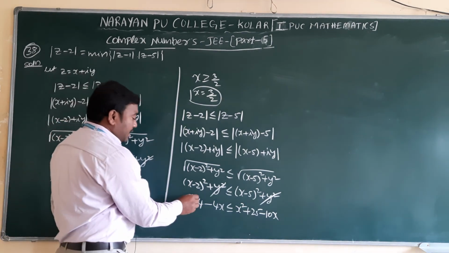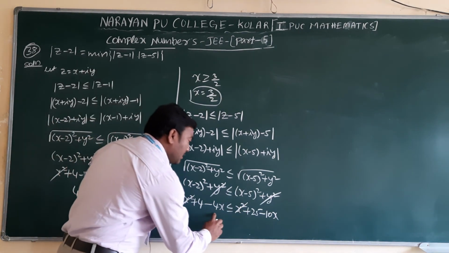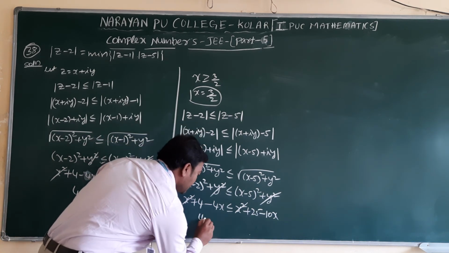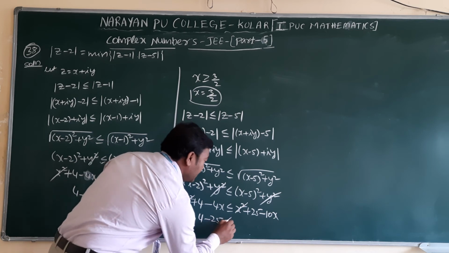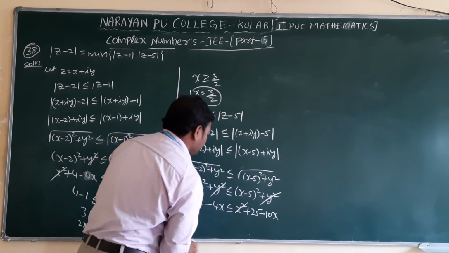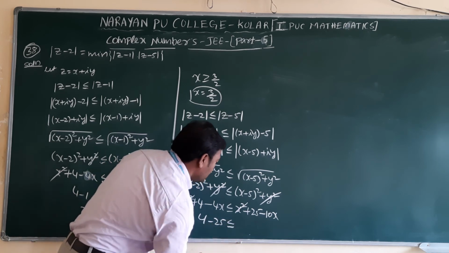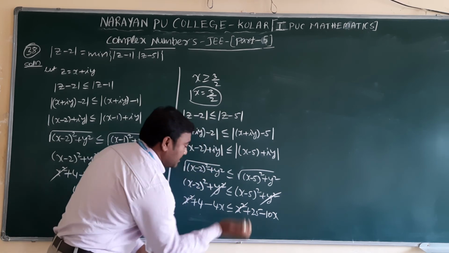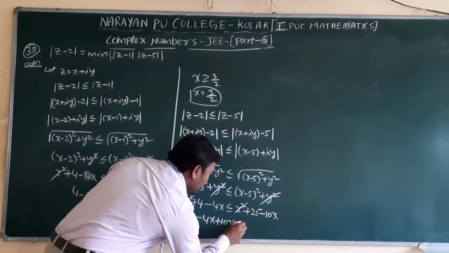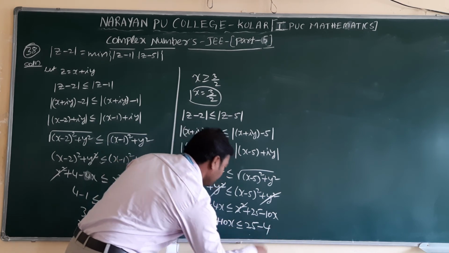Here x square gets cancelled, remaining 4 minus 25 is less than or equal to, taking minus 10x this side, minus 4x plus 10x is less than or equal to 25 minus 4.